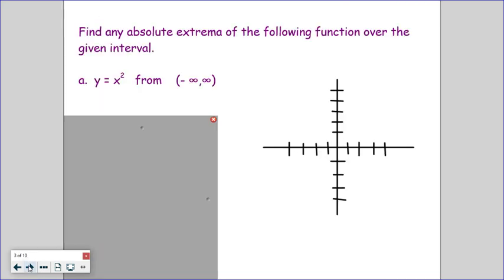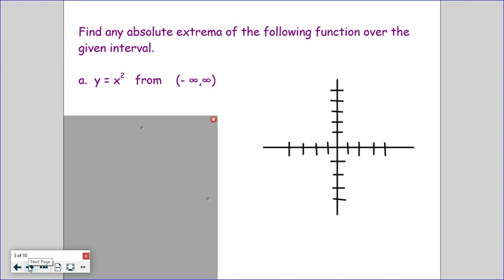We're going to use a very common function that we know a lot about to go through finding some absolute extrema. This one just asks us for the absolute, so if it's not an absolute, we would not include it. Find any absolute extrema of the following function over the given interval. Y equals x squared. The first interval is from negative infinity to infinity.